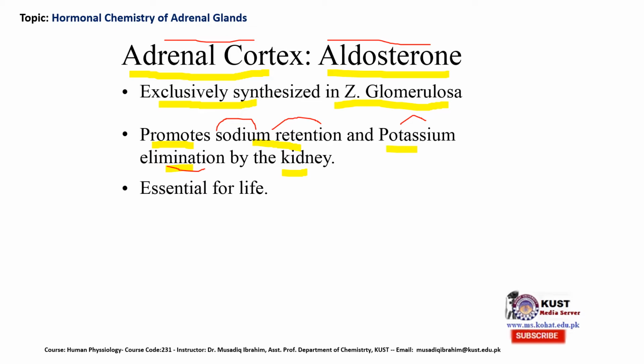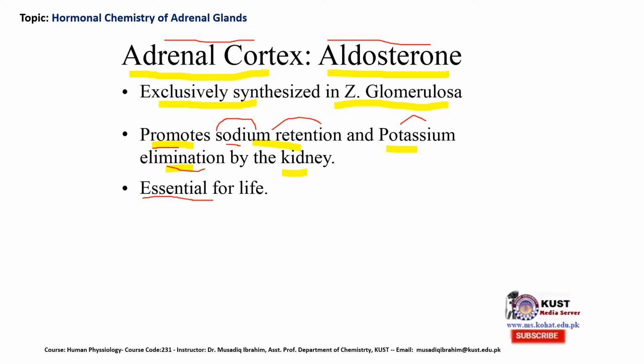So this aldosterone is essential for life. Why is it essential for life? As we see in the second point, it promotes the sodium retention. When the sodium retention is promoted, it means that the blood pressure of the human body is maintained.